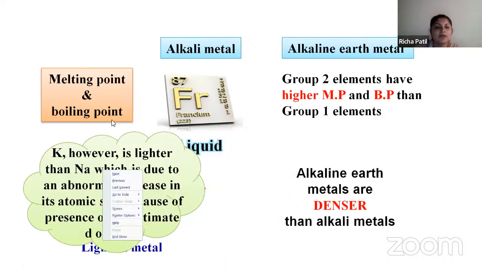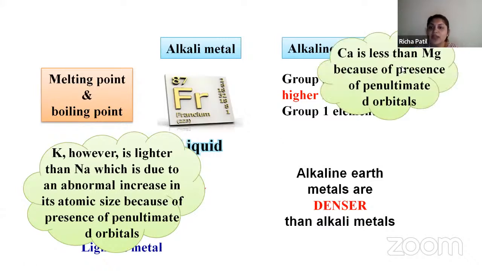It is observed, however, that potassium is lighter than sodium, due to the abnormal increase in its atomic size because of the presence of penultimate d orbitals. Because of the penultimate d orbitals, there is a bit of difference in the atomic size across the trend. Calcium is also less than magnesium because of the presence of penultimate d orbitals.